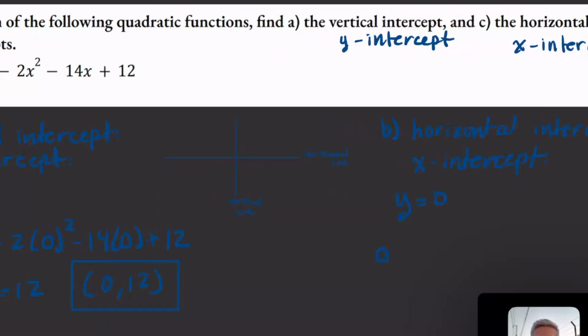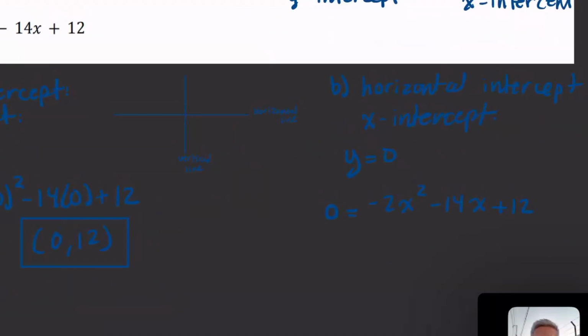So here it's going to be 0 equals negative 2x squared minus 14x plus 12. And now here we solve for x.